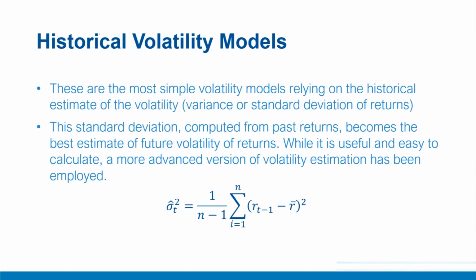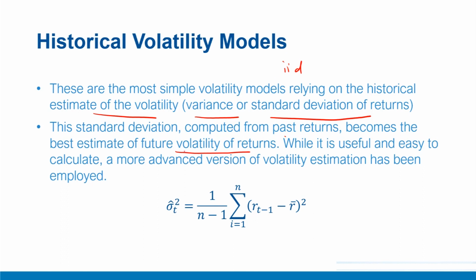To begin with, we start with the historical volatility models. These are the most simple volatility models, and they rely on a historical estimate of the volatility, or what we call variance or standard deviation of returns. The standard deviation is computed simply from past returns, and it becomes the best estimate for future volatility of returns if certain assumptions, such as returns being independently and identically distributed, or IID, hold true.